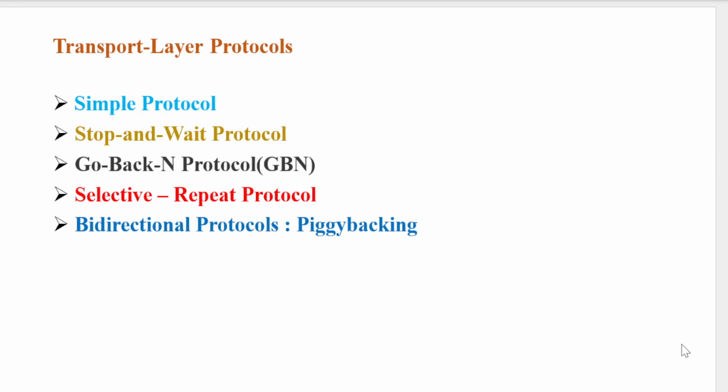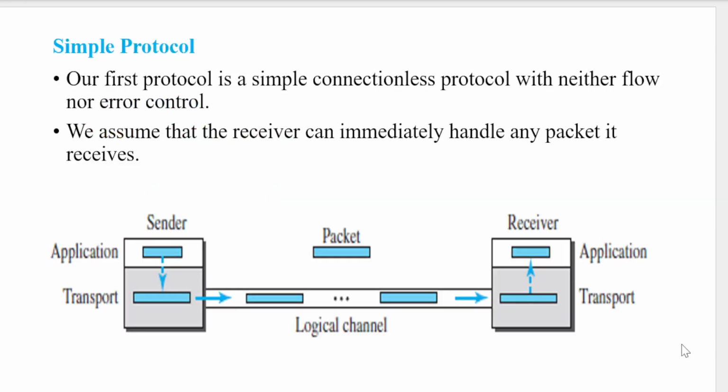So let's move on to the first one, the simple protocol. As the name says, it's just simple. In the previous videos, we discussed that there is a limit to what the receiver can handle of the data sent by the sender. If the sender is sending more data than the receiver can handle, we send some flow control back to the sender.